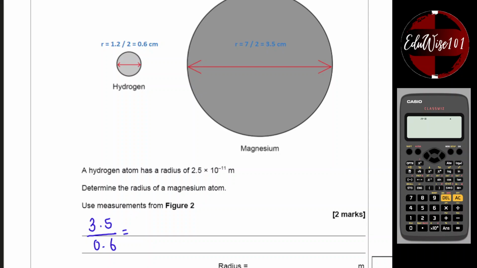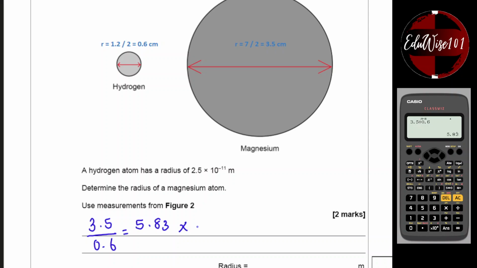So let's do this in the calculator. 3.5 divided by 0.6 gives me 5.83. That's my ratio. That's 5.83 is to 1.